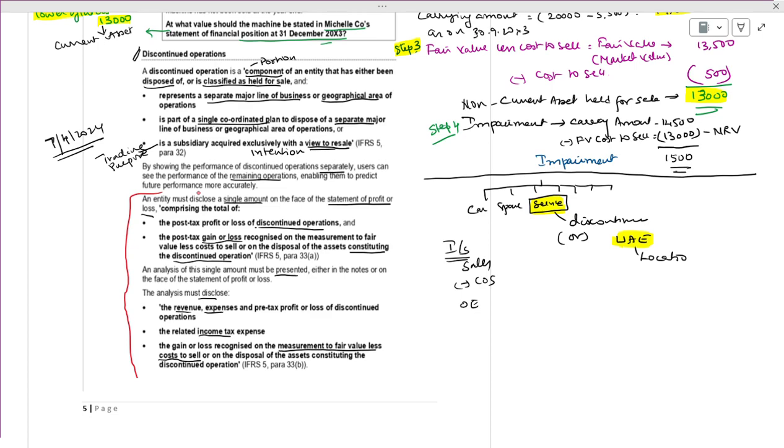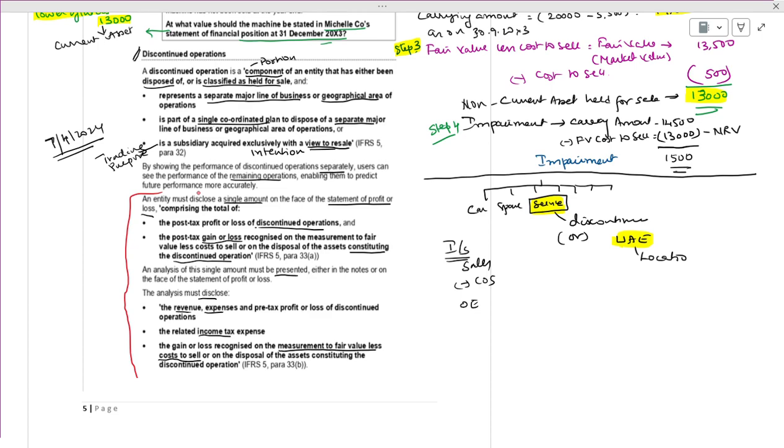The post-tax profit or loss of the discontinued operation, and the post-tax gain or loss recognized on the measurement of fair value less costs to sell, on the face of the profit and loss account.